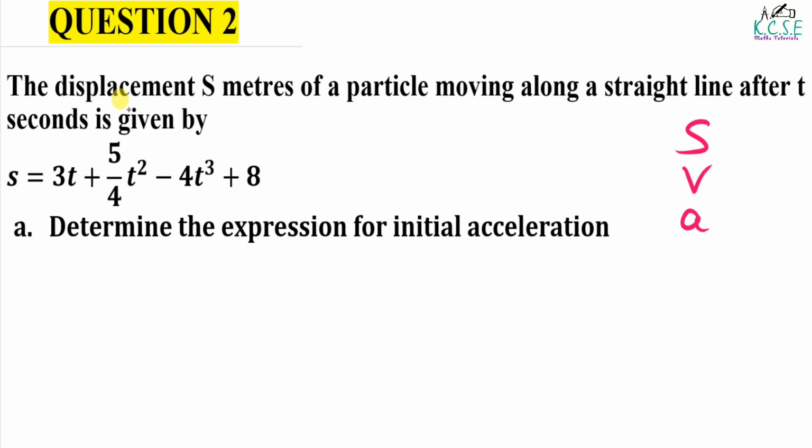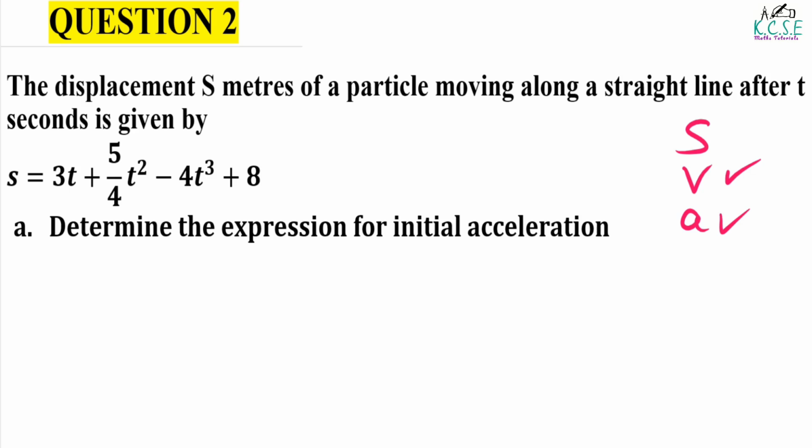When moving from velocity to acceleration, we differentiate. So to obtain the expression for acceleration, we shall first differentiate displacement to obtain velocity. Then after obtaining velocity, we differentiate velocity, and now we get acceleration.